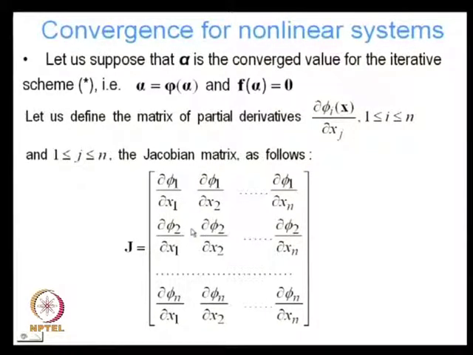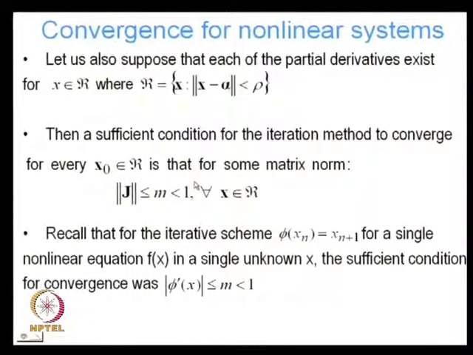The second row will be partial derivatives of phi 2 with respect to x1 through xn, and so on and so forth. It will be an n by n matrix if I have n phi's and n x's. This matrix typically is known as the Jacobian matrix. So now let us look at convergence of nonlinear systems.